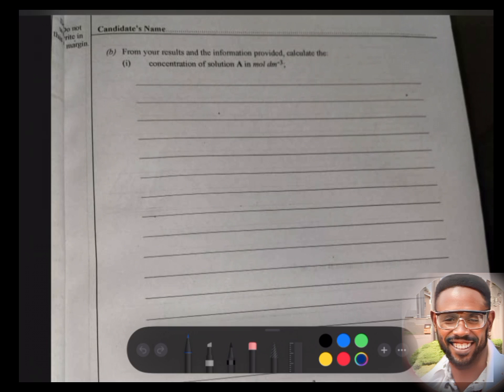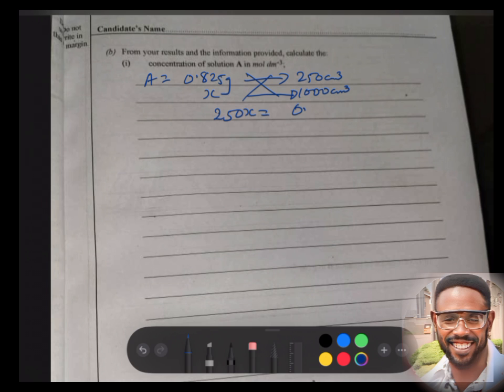A contains 0.825 grams in 250 cm cube. First, we find the mass concentration, like I told you in my live stream. If not in 1000, find out the one in 1000. So 250 is not 1000, because concentrations are measured in 1000 cm cube, which will now contain X. Cross multiply, we have that 250x is equal to 0.825 times 1000, so that x, we divide both sides by 250.